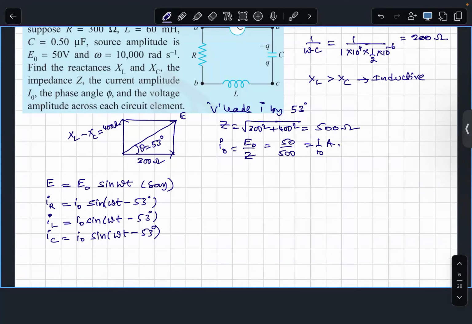So VR is I naught R sin omega t minus 53 degrees.